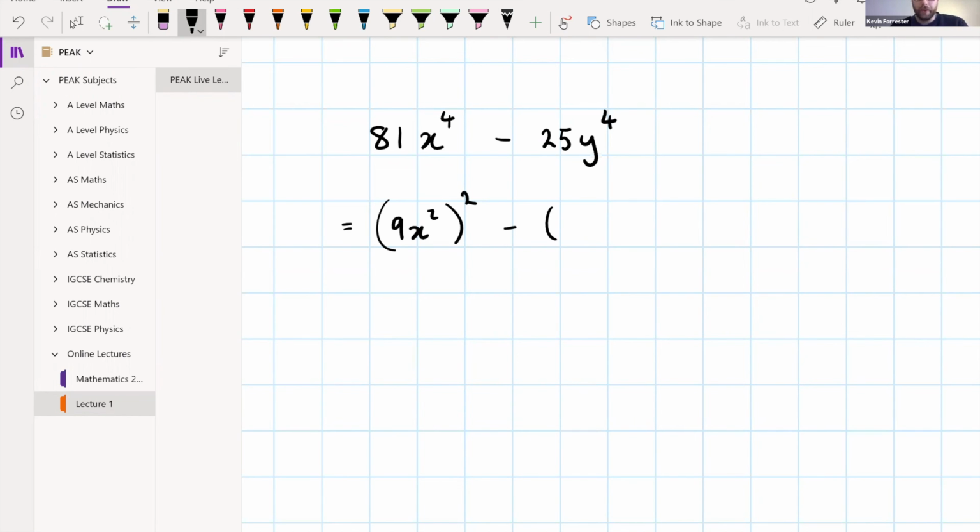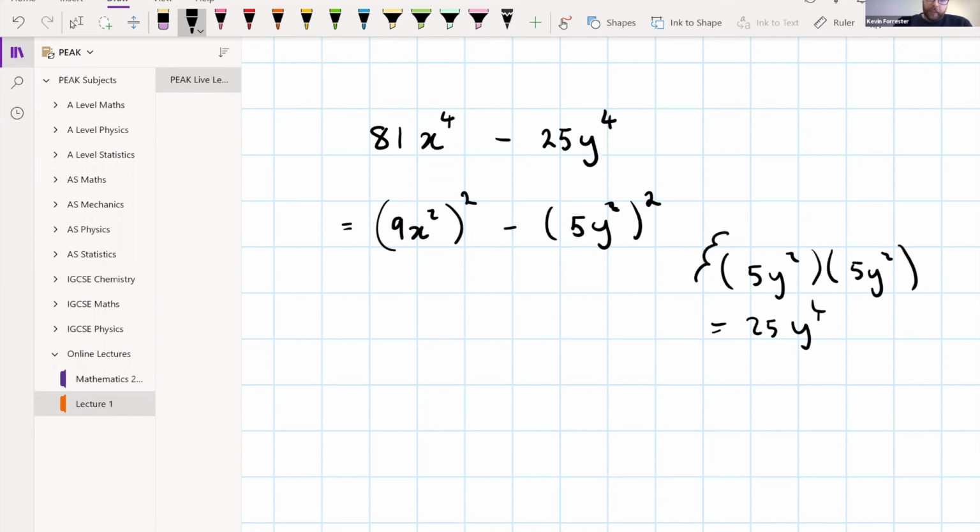And we can do the same thing here with this one. It'll be 5y squared, squared. Now you guys know how to expand. So if we wanted to prove that these are the same, we can just write down our brackets twice. And we know that that is an implicit multiplication. So 5 times 5 is 25, and y squared times y squared is y to the 4. That's just showing you that we can, in fact, write 25y to the 4 as 5y squared, squared.